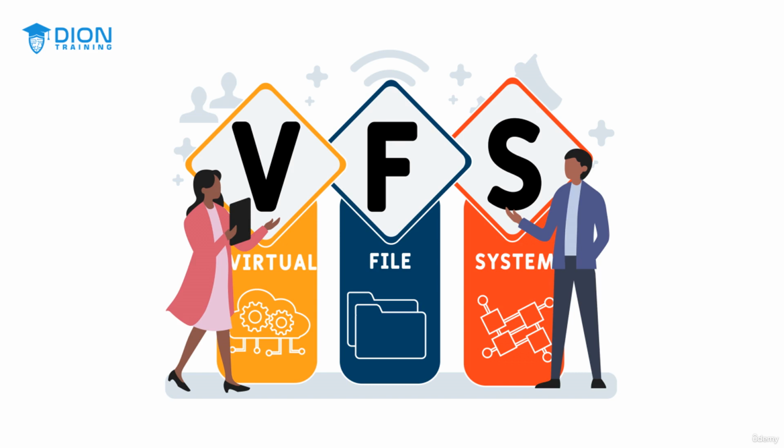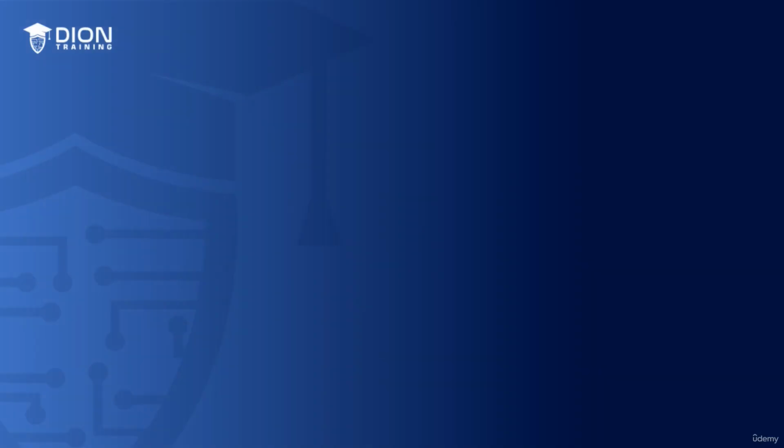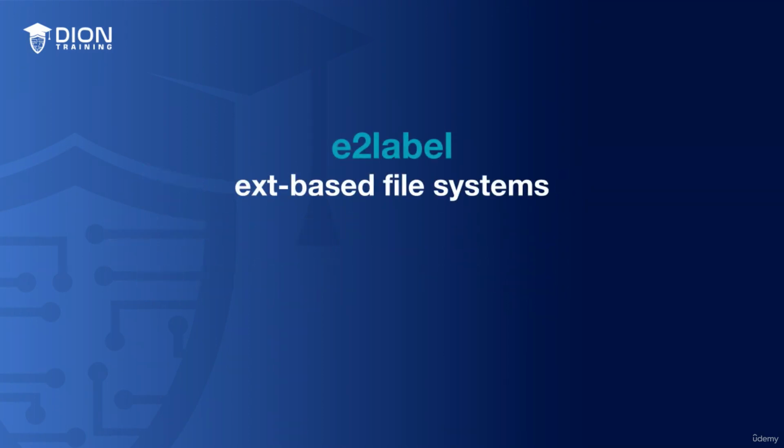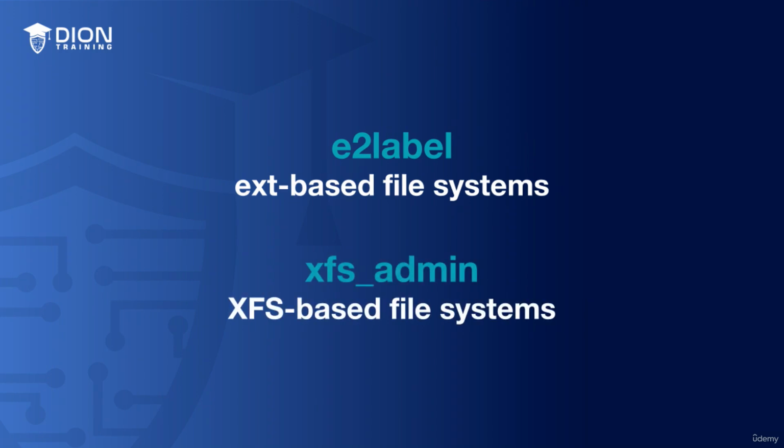With VFS, you can mount many different types of file systems on the same Linux installation, and they're all going to appear uniform to the user and all the applications on that system. File system labels are going to be assigned to those file systems for easy identification by VFS. These labels may be up to 16 characters long, and they can be displayed or changed using the e2label command for ext-based file systems and the xfs_admin command for xfs-based file systems.